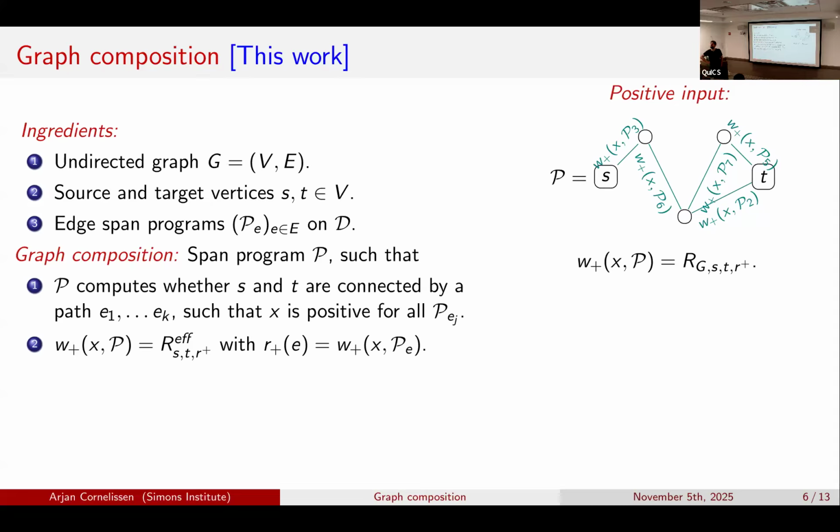Sorry, maybe just clarifying: you talked about positive and negative inputs a couple of slides ago, about whether or not this vector has a projection onto... Is that the same thing as this? Yeah, exactly.